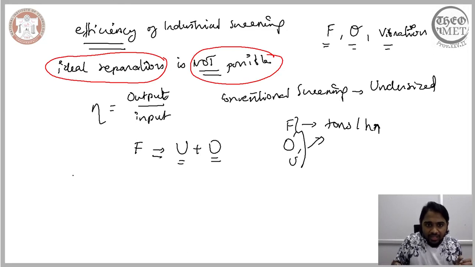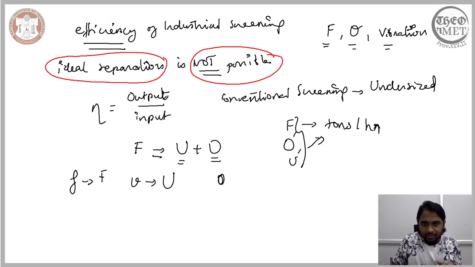You have a fraction of the undersized particles that is present in the feed, a fraction that is separated along with the undersized particles, and a fraction of the undersized particles that is separated by mistake, or rather unfortunately, along with the oversized particles.